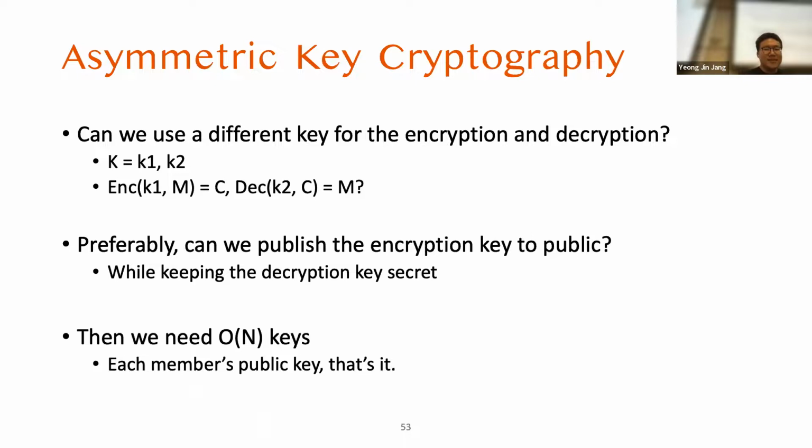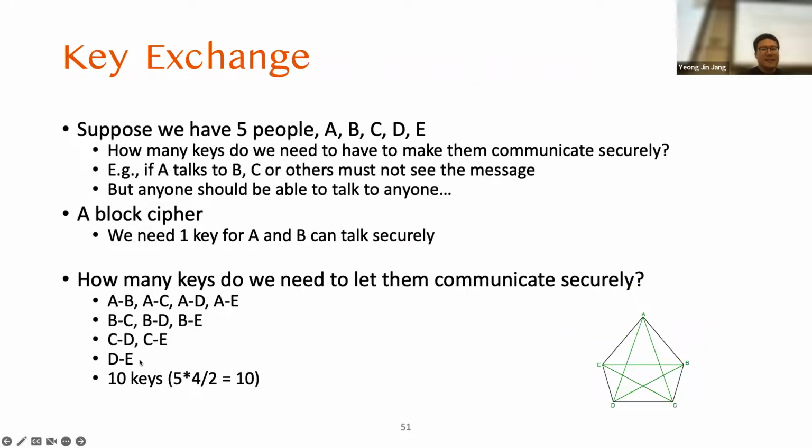In the previous example, if A wants to send an encrypted message to C, then A needs to use the AC key. If B wants to send to C, they need to use a BC key. Communication between C and D, or C and E, needs a different key.